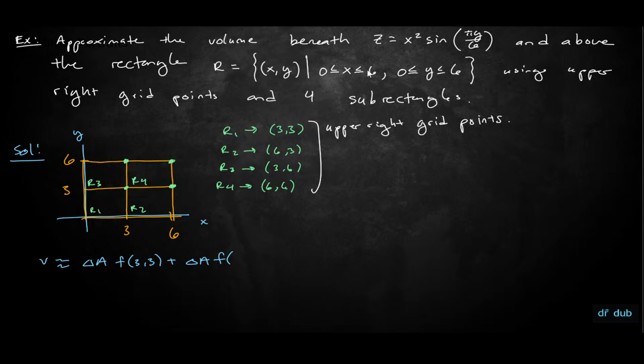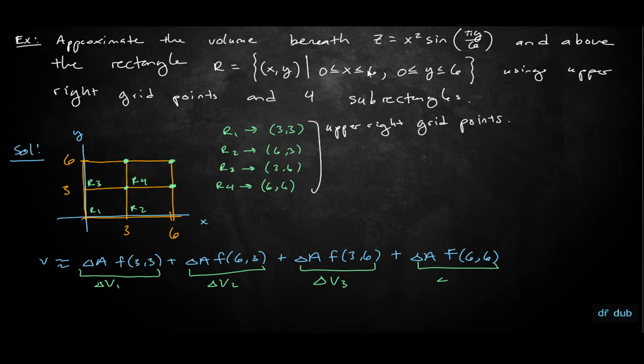So it's like the volume over each little rectangle gets added together. So this is delta V1, delta V2, delta V3, and then delta V4. It's like the volume over each little rectangle.